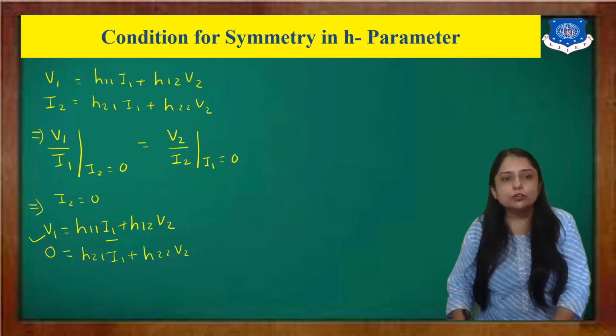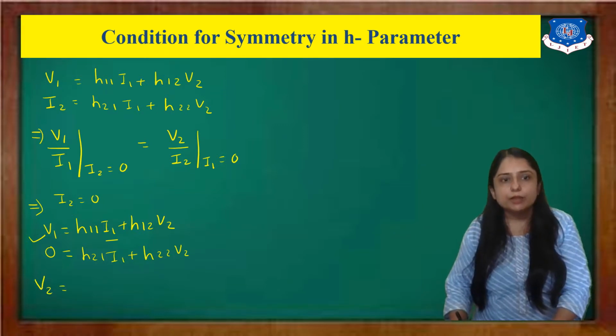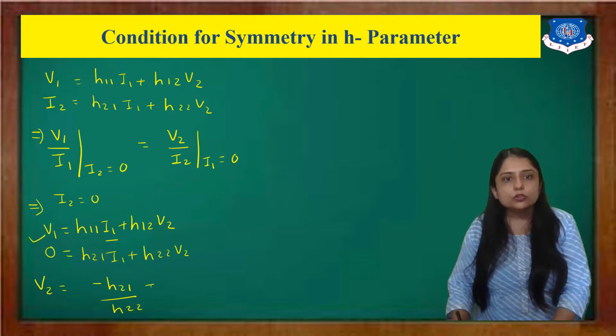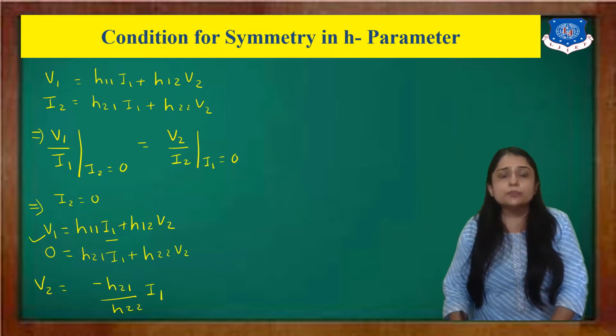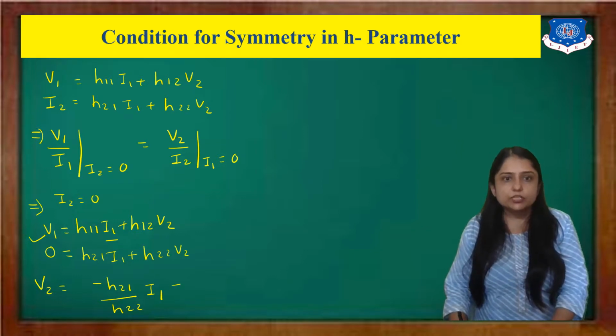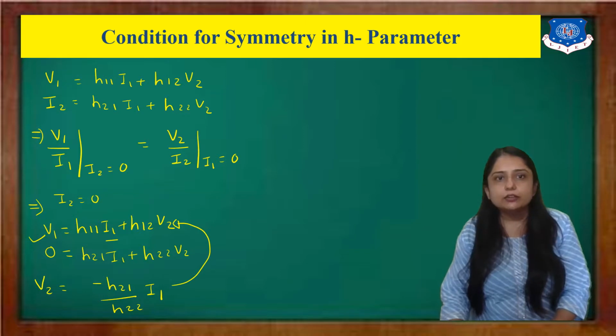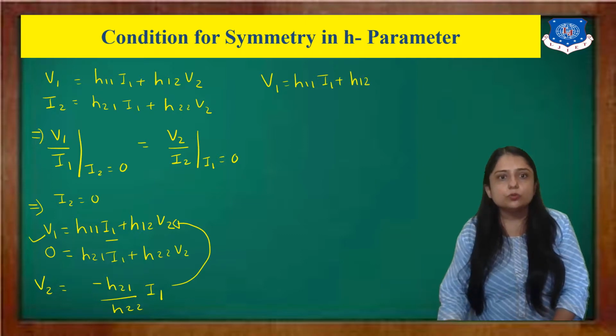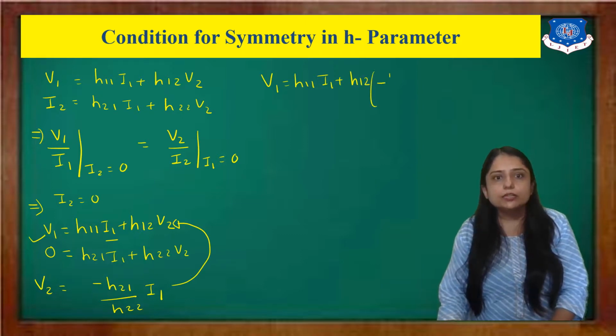Here the value of V2 will become minus H21 upon H22 into I1. You make V2 the subject, and now substitute this value over here.